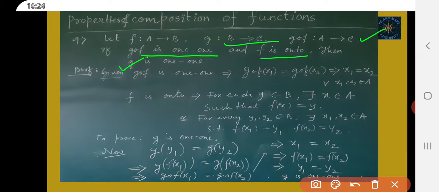Here two things are given. One is g∘f is 1-1, another is f is onto. We have to prove g is 1-1.